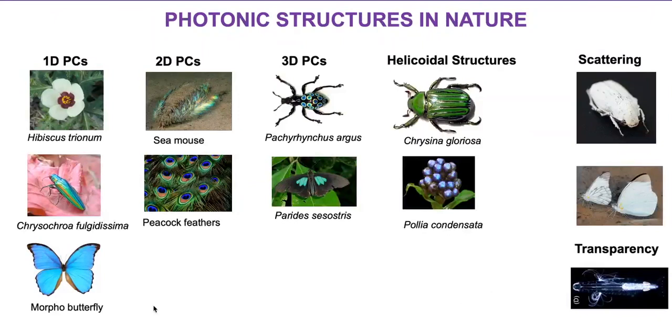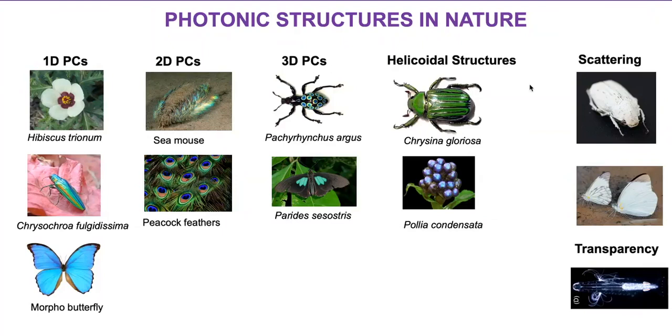So I would like to conclude by saying that in this webinar I tried to cover many topics, but the only idea is that nature can modulate light, nature can interact with light, and can manipulate light. We can find many examples of structures like 1-dimensional, 2-dimensional, and 3-dimensional structures.